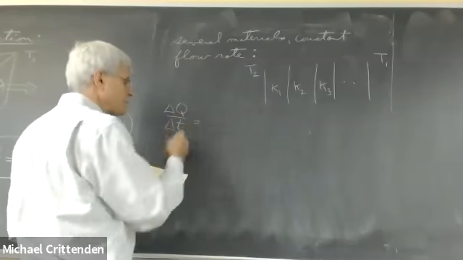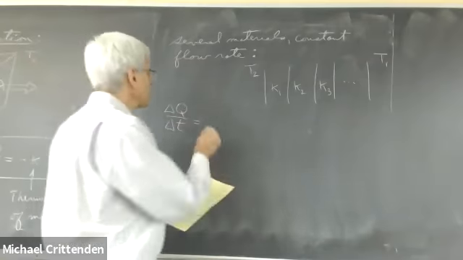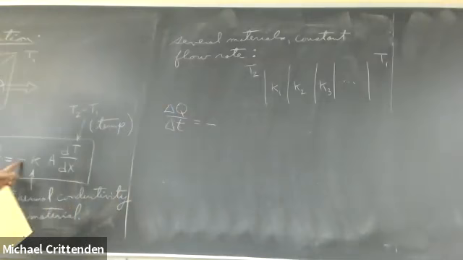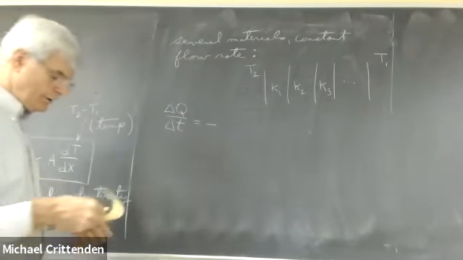But now it's delta Q over delta T because I don't need infinitesimals anymore. The minus sign, by the way, is the same minus sign we had back over here. That's because heat is being lost by your house. Okay, heat is flowing outward.